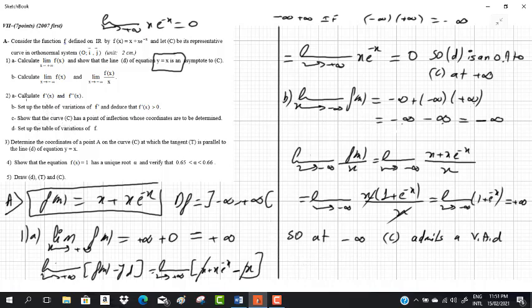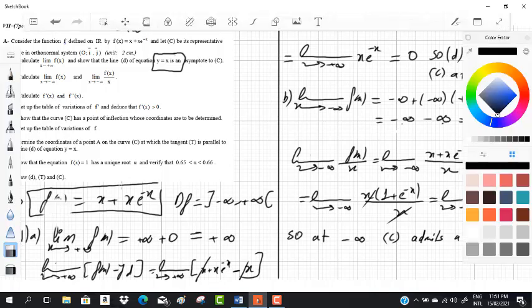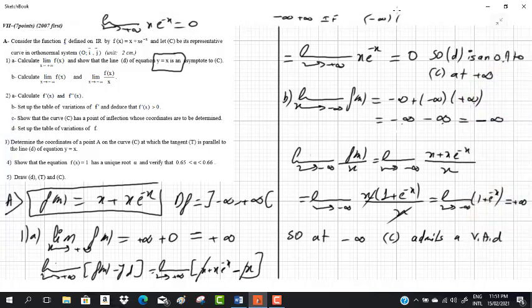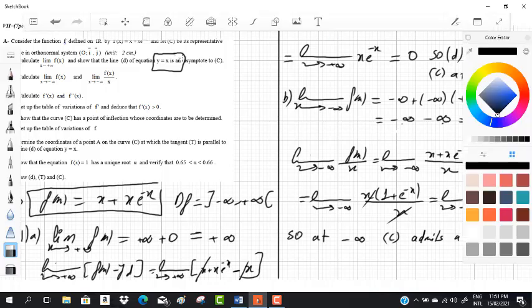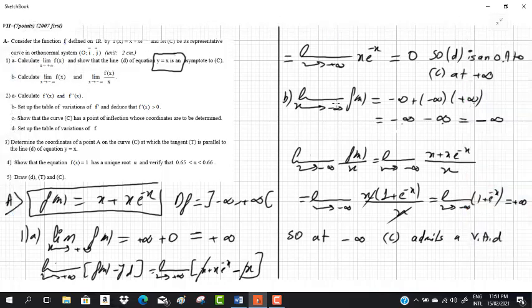Now we have part 2a. Before erasing, let's write some results of part 1. First result: we showed that the limit as x tends to plus infinity of f of x equals plus infinity, and line D is an oblique asymptote at plus infinity.